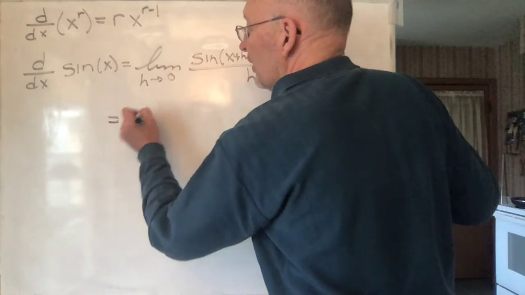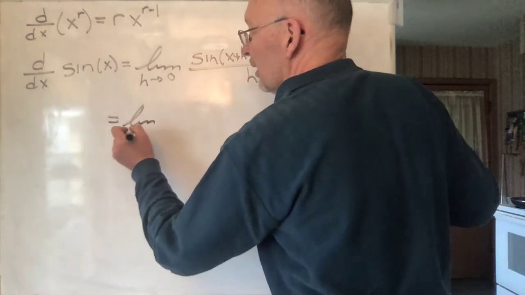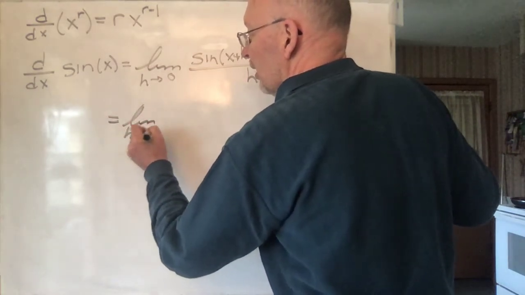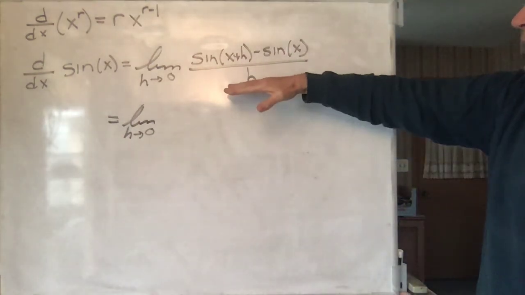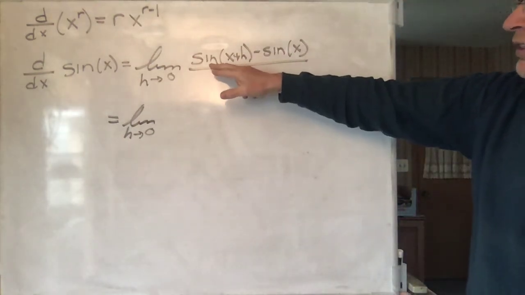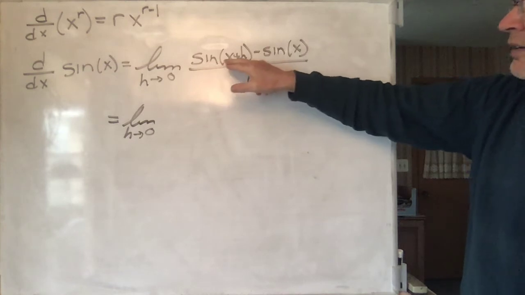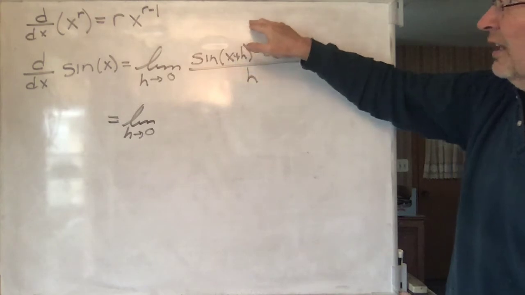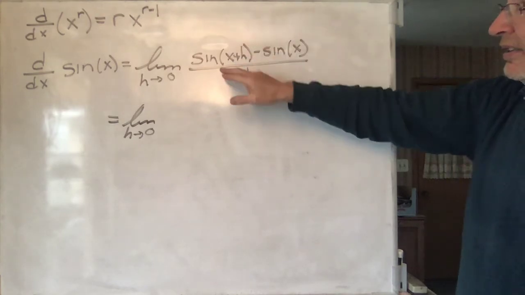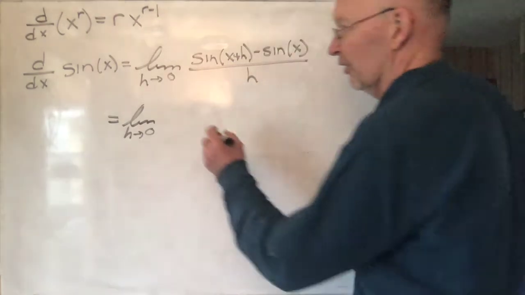If you remember what we did back when we learned our trig, as I said, all the trig you need in calculus you can learn in about an hour or so. One of the things we learned is that if you have the sine of one thing plus another, remember the jingle? Sine, cosine, cosine, sine.